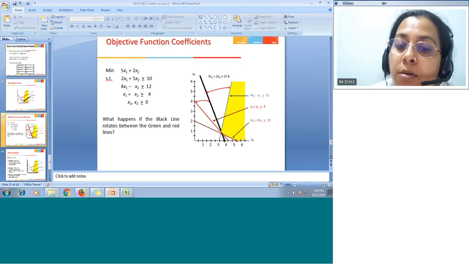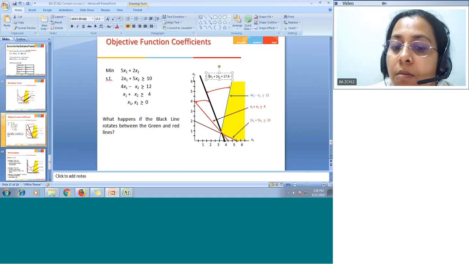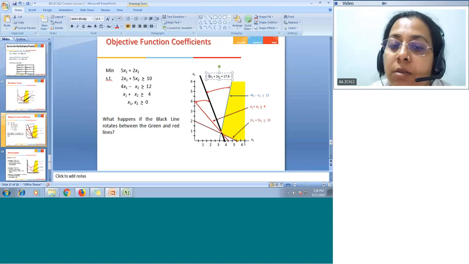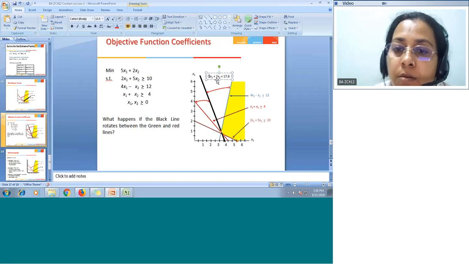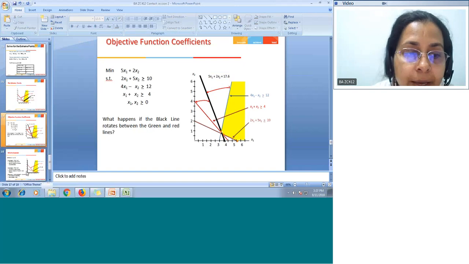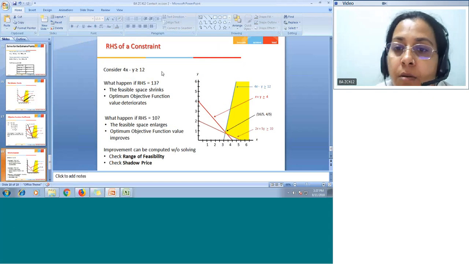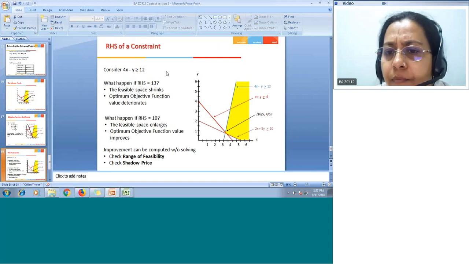So if we rotate the equation, that means rotation means the slope will change, and that will change the coefficients here, nothing else. So similarly, okay, what happened when we change the RHS? So right hand side.